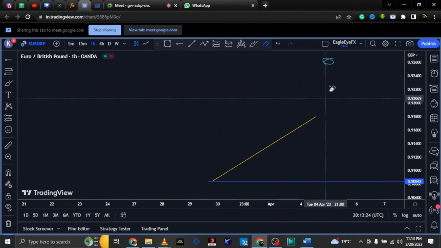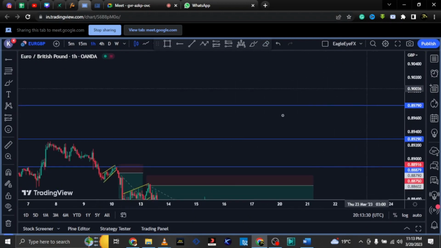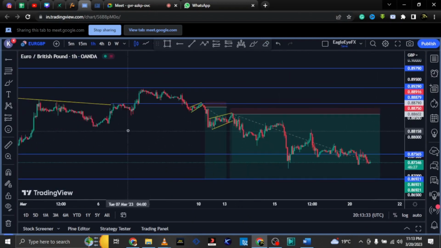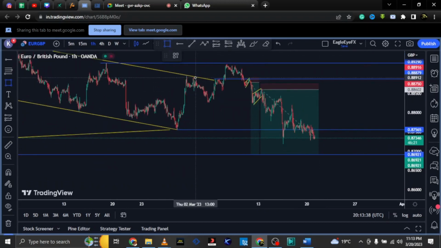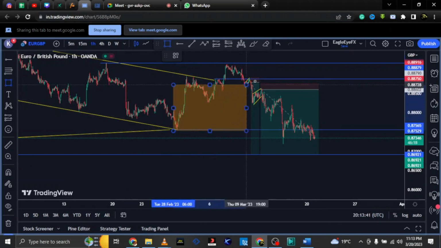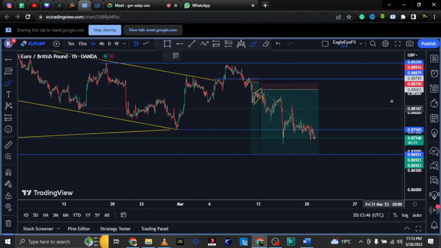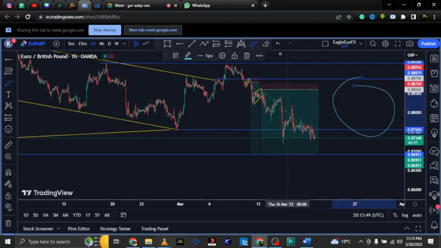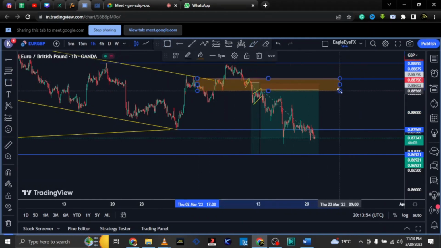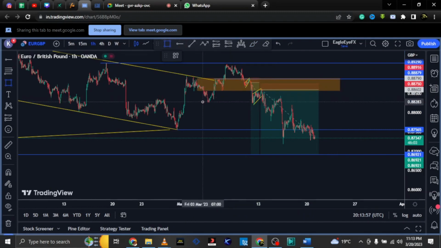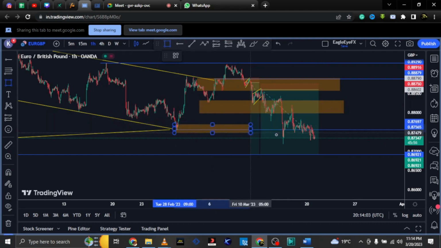Now looking at this Euro GBP here, you can see that if I go back to the trade, assuming this is the playground, if this is my playground inside here, then it means that this is my first level, this is my second level, and then this becomes my third level.